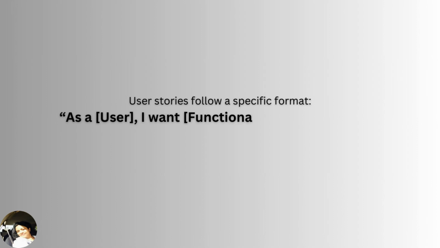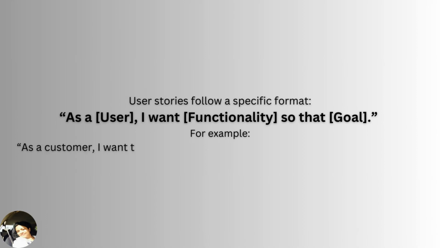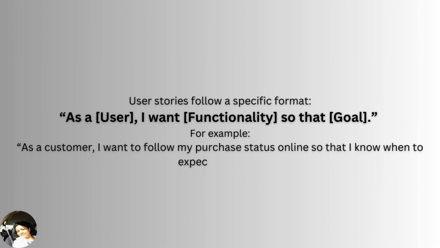The stories follow a specific format, as you see below. As a user, I want this functionality so that I achieve this goal, right? For example, as a customer, I want to follow my purchase status online so that I know when to expect delivery, right?